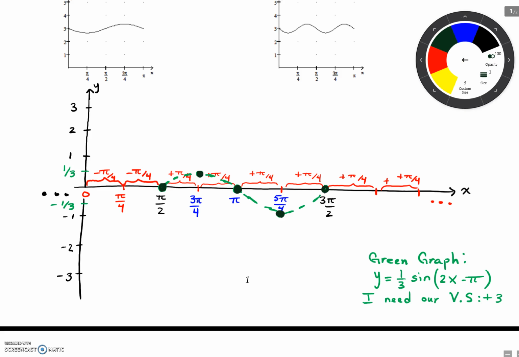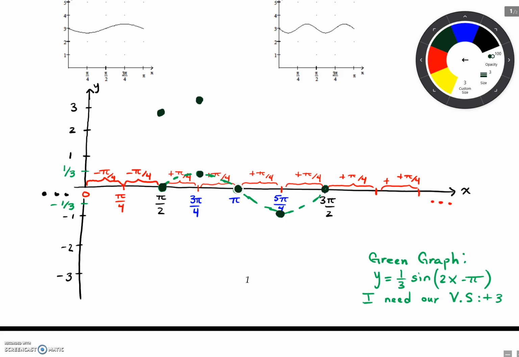So let me mark that new point here. Okay, so there's that point. The next point, this one right here, is going to be shifted up again 3 units, but it's at 1/3, right? So 3 plus 1/3 is just 3 1/3. So that's going to shift this graph up a little bit, just a tad bit higher than 3.